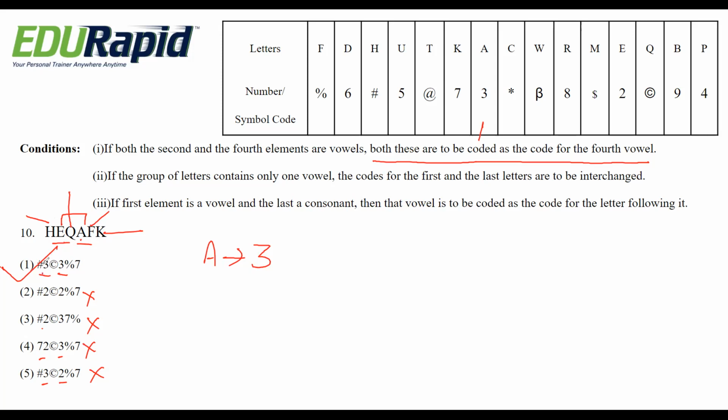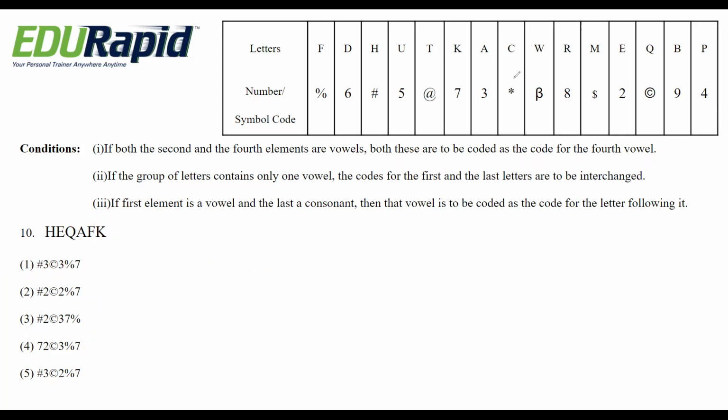It clearly says that the second and fourth elements are 3, and none other is present as 3 and 3. So option 1 is the right answer. Like this, you have to eliminate the options in the exam.